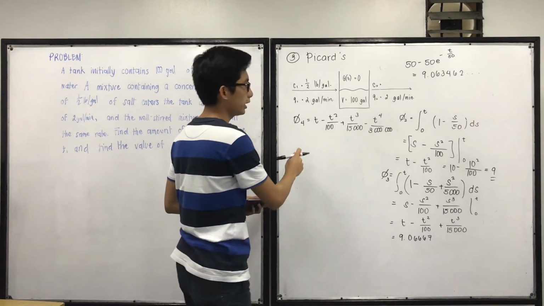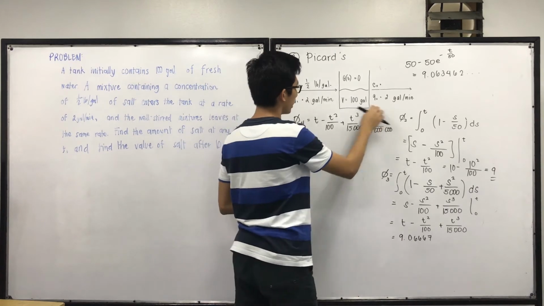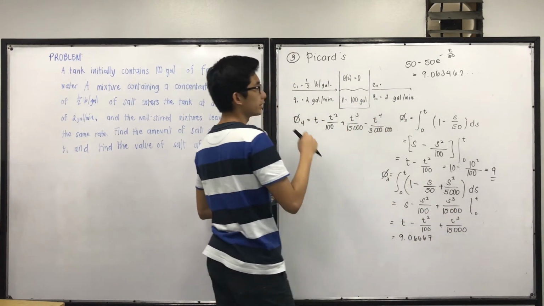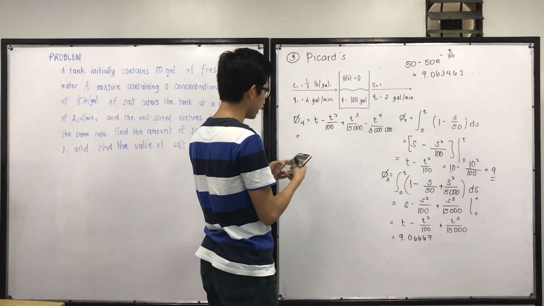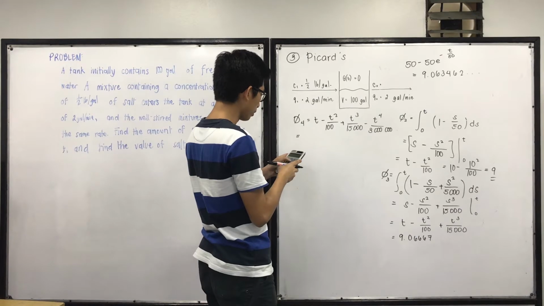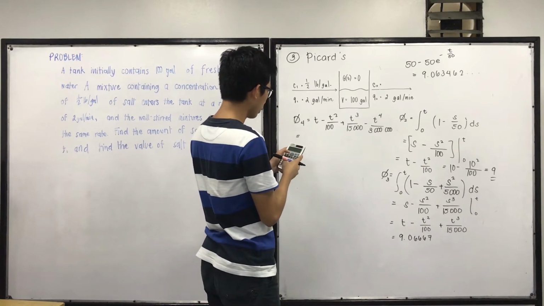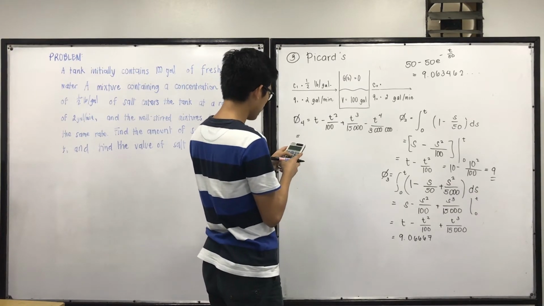I already solved the equation, so if you want to know how I got this one, you should just substitute this equation to the q. So we will substitute 10 this time. 10 minus 10 squared over 100 plus 10 cubed over 15,000 minus 10 raised to 4 over 3 million.